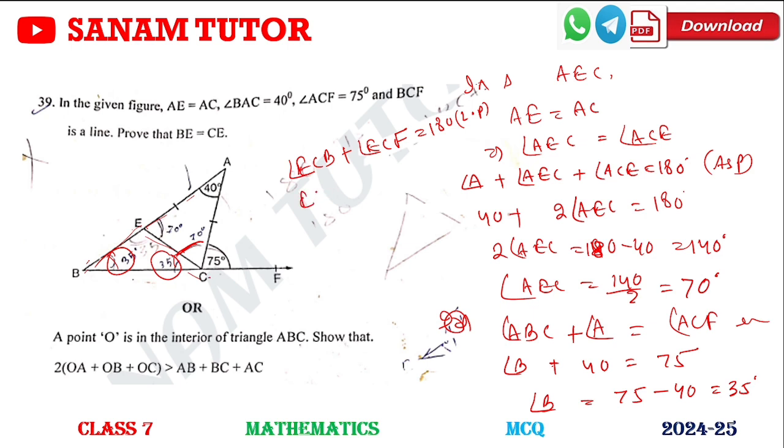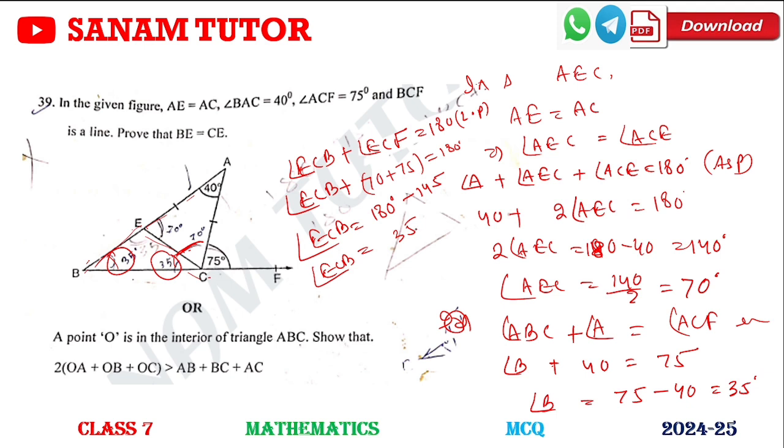ECB plus ECF means 70 plus 75, and 180 degrees minus 145 is 35 also. So ECB equals 35.